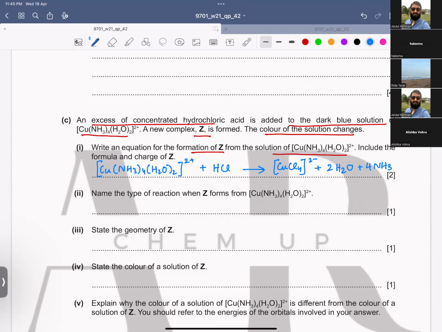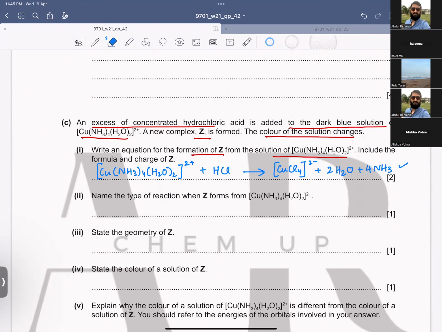Okay, so is this equation understandable to everyone? Sir, one question: the Cl in HCl, 4 are being substituted, so will we not balance the HCl in the equation? Yes, we would balance it.